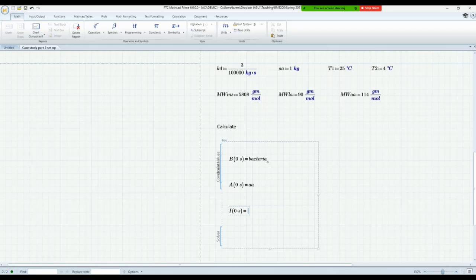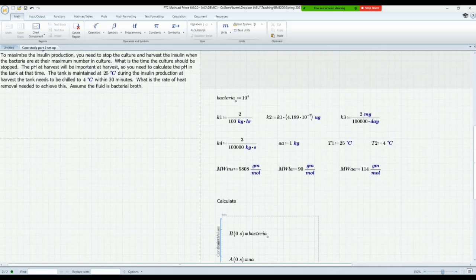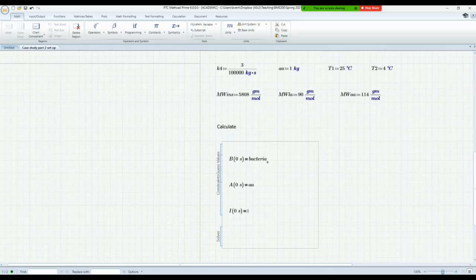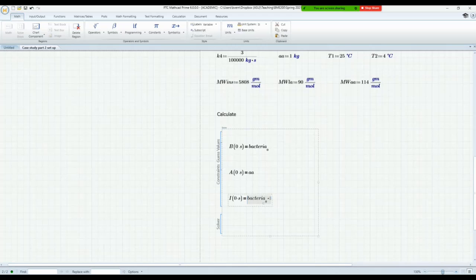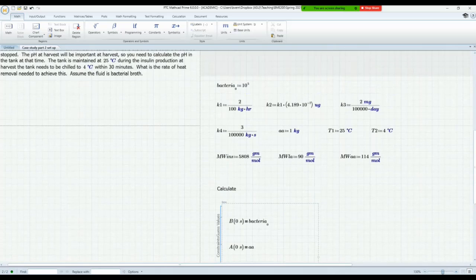0, because there is some bacteria at the beginning, but it's basically the amount of bacteria at the beginning times the amount of insulin that's in the, and that was given as 4.189 times 10 to the minus 7 micrograms.